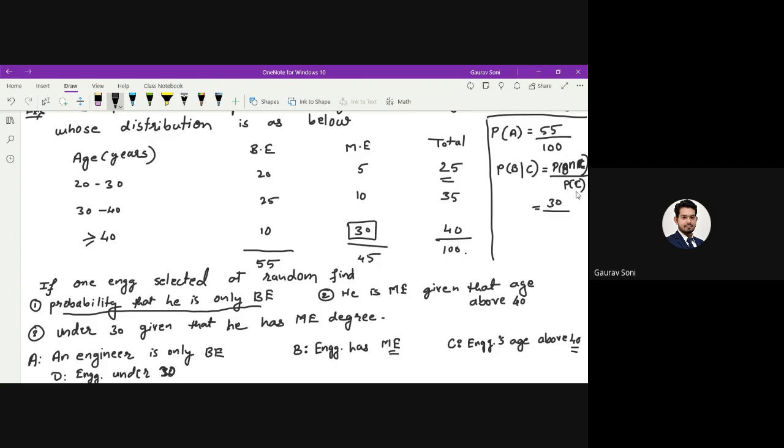So the number of elements in C. What is C? Engineers above the age of 40. The total number of engineers above the age of 40 is 40. Am I clear? So the answer is 3 by 4.